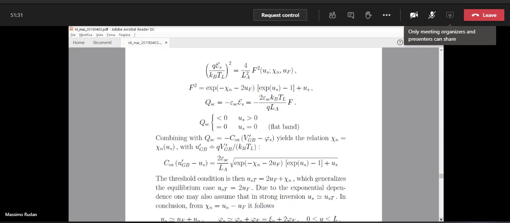And this is the usual flat band condition that we already commented for the MOS capacitor. Instead, when US is positive, then the charge is negative in the semiconductor. We cannot consider US as negative because the calculation has implicitly excluded the accumulation condition.